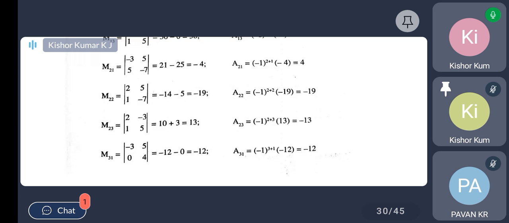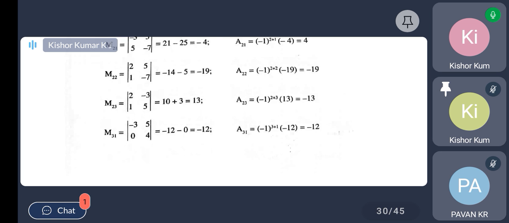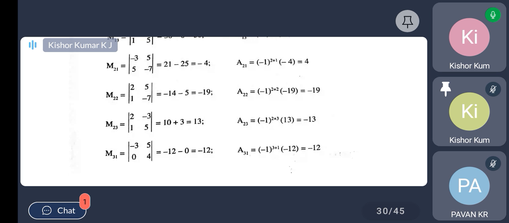When you have finished the second row, you have to move to the third row. Again in the third row, the same procedure. Calculate the M31 value, then calculate the corresponding A31 value. Here capital A31 is the cofactor and capital M31 is the minor. Using the minor, we can easily calculate the cofactor.